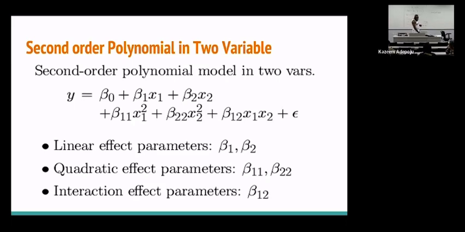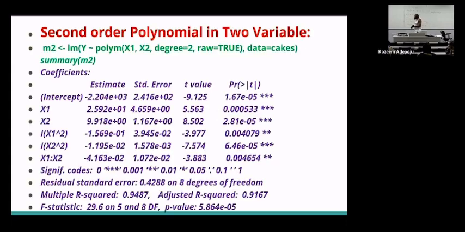Now, I'm going to use an example from something that you like. We're talking about X1, and we're using the data on cake. The first variable is temperature, and we have another variable apart from temperature.